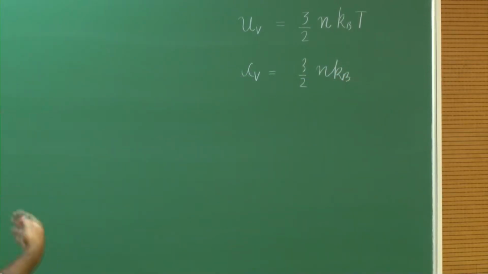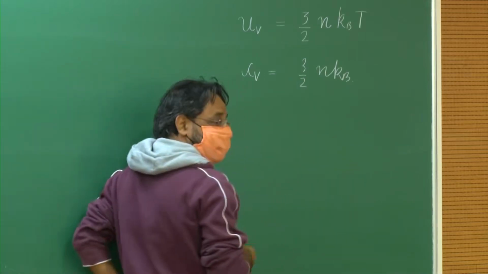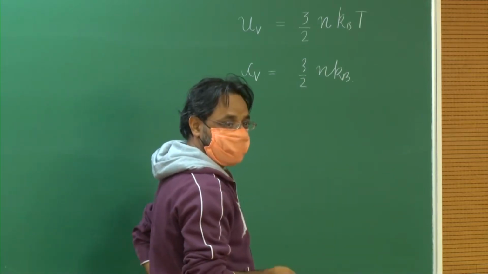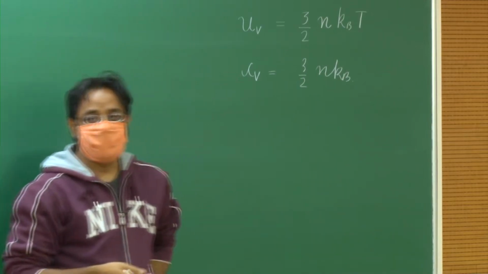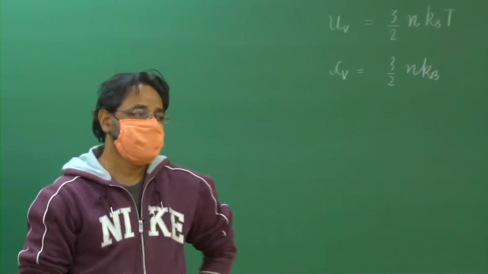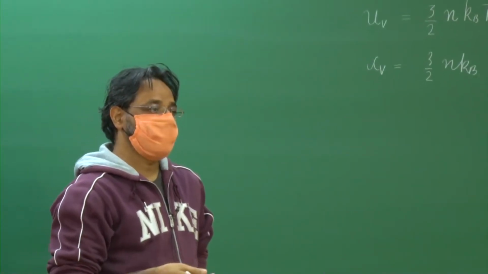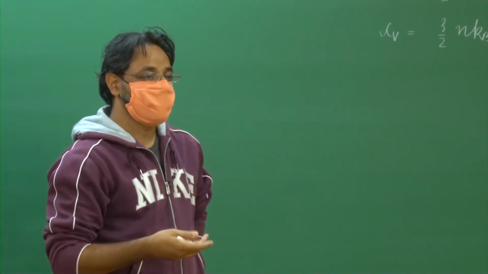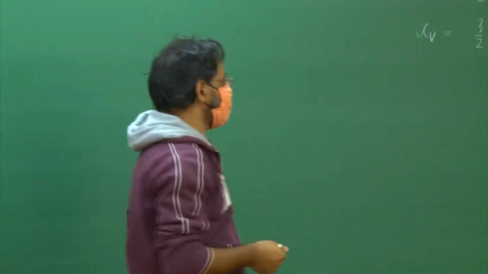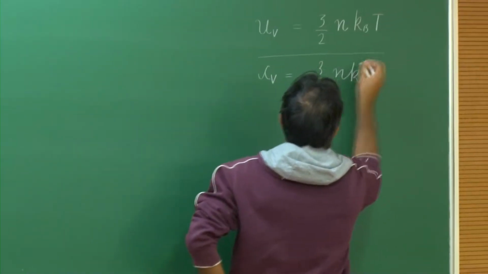Now, in the metal, you also have the lattice besides the electron gas, right? And lattice you have already studied, and you know that at sufficiently high temperatures, the lattice specific heat goes as 3 n kB, because there are 6 degrees of freedom, right? So, I'll come to that in a minute.